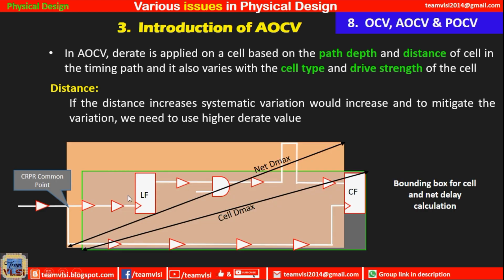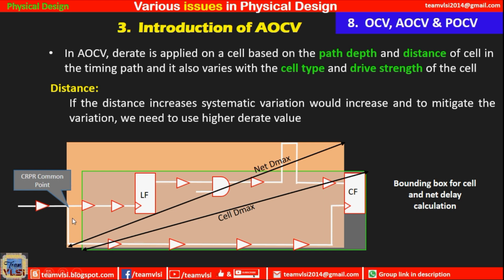Okay, so here is a launch flop and a capture flop in a timing path. This point is called the CRPR common point. Hope you understand this CRPR point in the timing path.